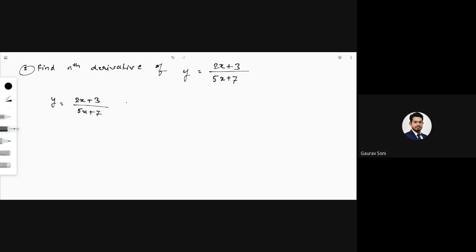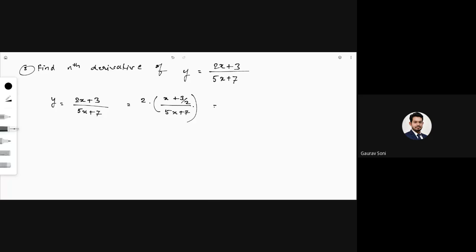So I'll take 2 common first of all from the numerator and multiply and divide by 5. So when I take 2 common, what do we get? x plus 3 by 2 upon 5x plus 7, right?